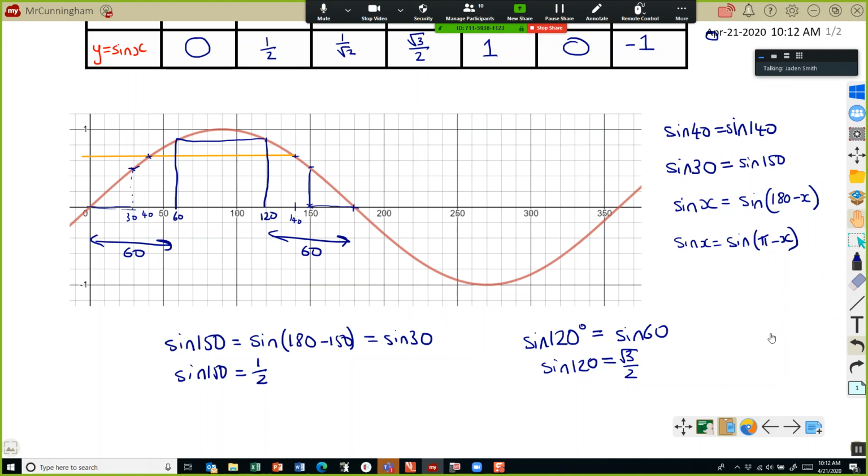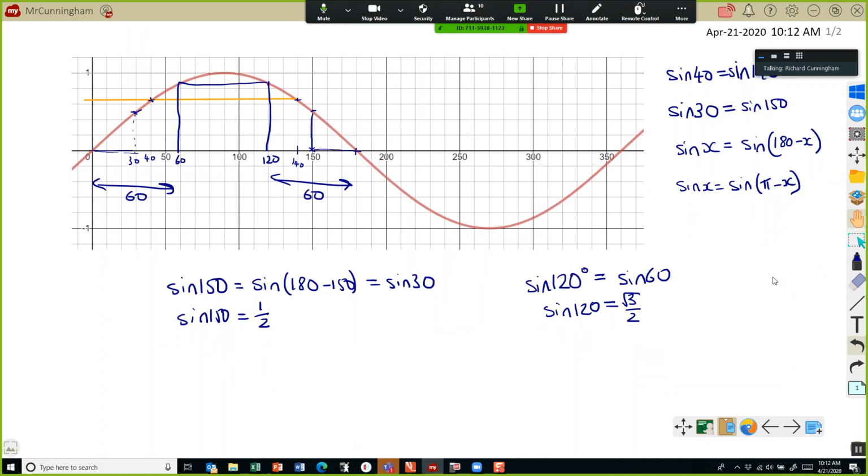Okay, good question. Here's a question for you. I want everybody to type your answer into the chat. What is sine of 300 degrees? Think about looking at the curve. Use this curve to help.